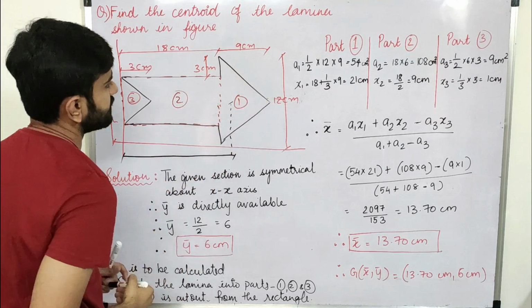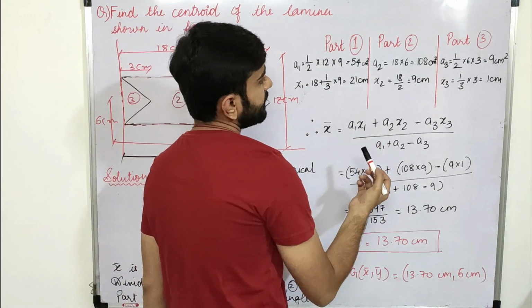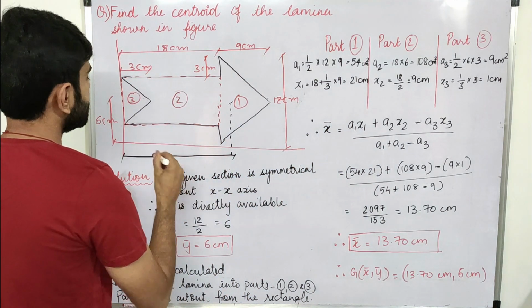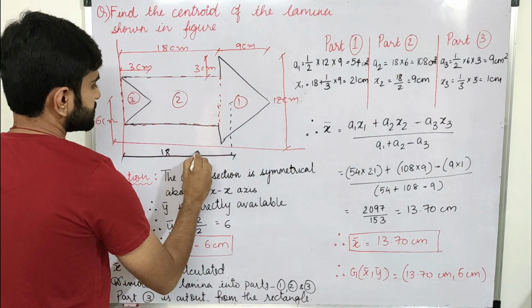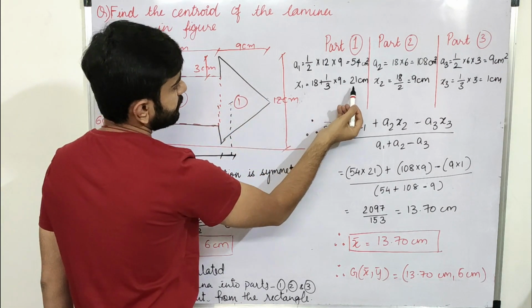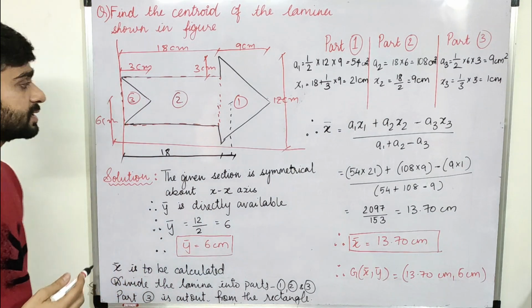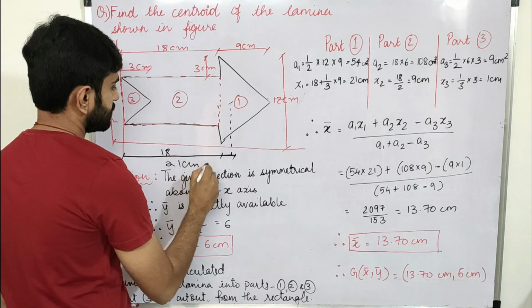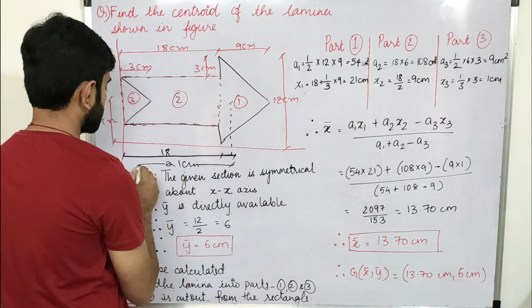So this 18 plus this much distance, 1 by 3 into 9, that will be 21 centimeter. So this is total 21 centimeter, the total distance I am talking about.